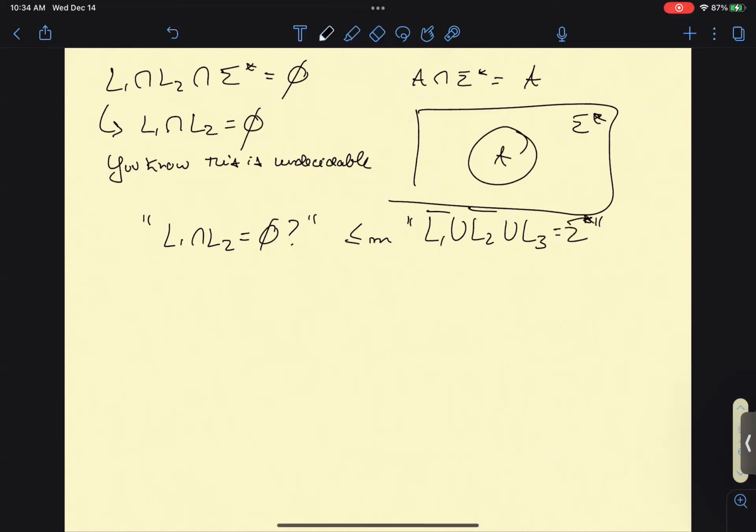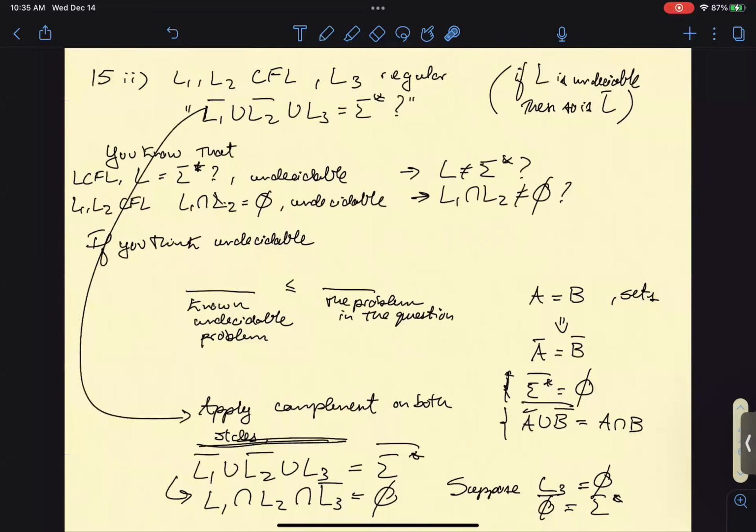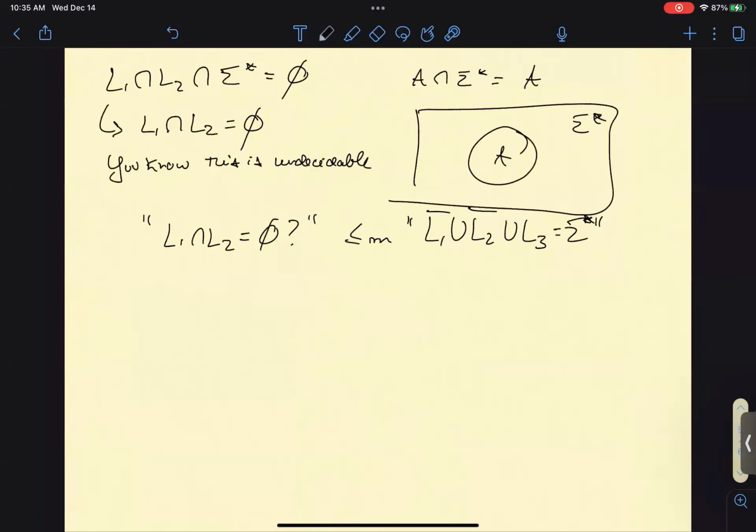So I took any arbitrary instance of this, and fed it in here with also L3 equals the empty set. You can take an arbitrary instance of the left-hand side and pass it to the right-hand side as a particular instance. The particular instance is L1, L2, the same as the original problem, but with L3 as the empty set.